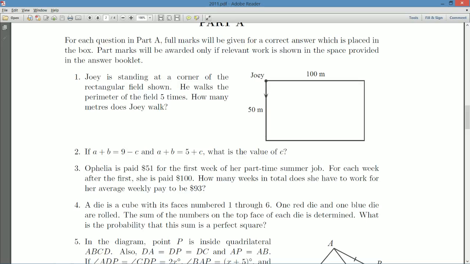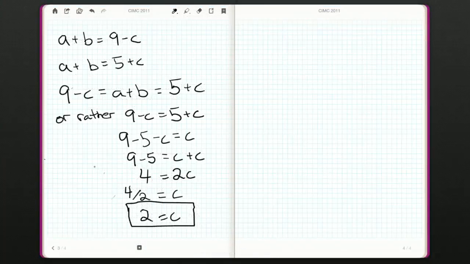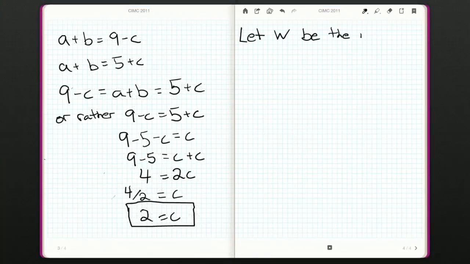Okay. So that sounds as good a place as any to start by labeling a variable. We'll call the number of weeks she worked W, capital W specifically.